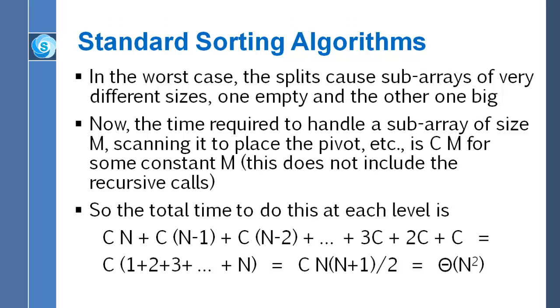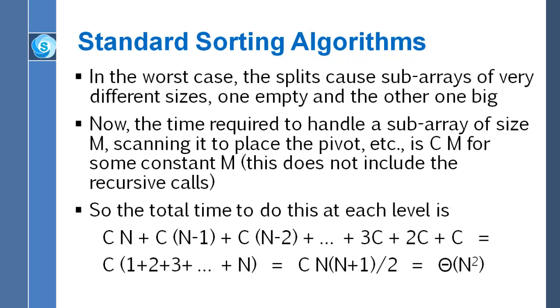So here it is. When you tally that all up, you of course get an amount of time that's a constant times n for the top level, plus a constant times n minus 1 for the next level, plus a constant times n minus 2, plus ... all the way down to constant times 1, and that's equal to, if you factor out the constant and rearrange the terms, a constant times 1 plus 2 plus 3 plus ... to n, which is, of course, constant times n times n plus 1 over 2.